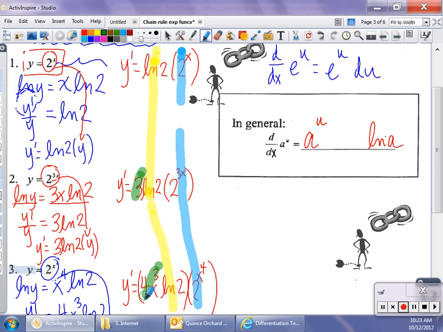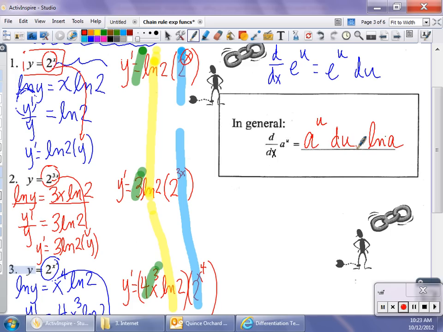And even in the first example, if the power is x, the derivative of x is just an understood 1 that could be in the front. So in every case, we have the derivative of the power, which is du.